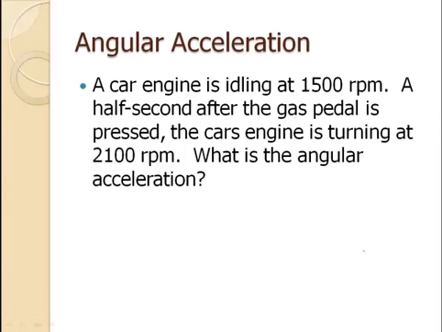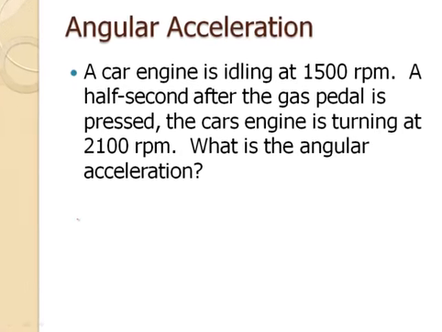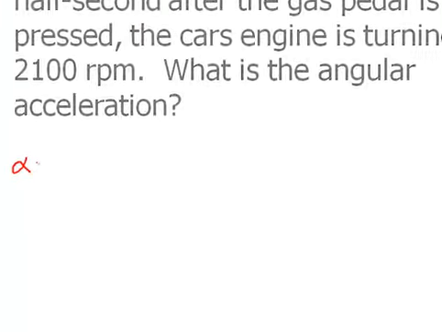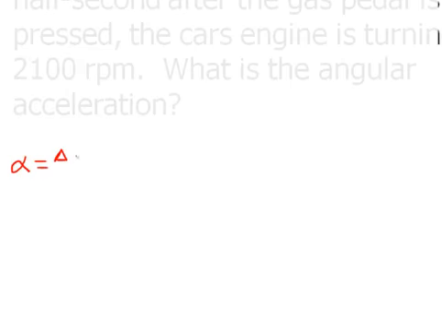So, to do that, the formula is a change in rotational velocity divided by an amount of time. And so the initial rotational velocity was 1500. The final was 2100, and change is always defined as final minus initial.